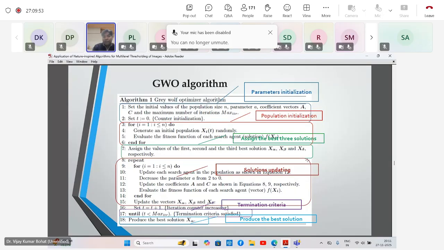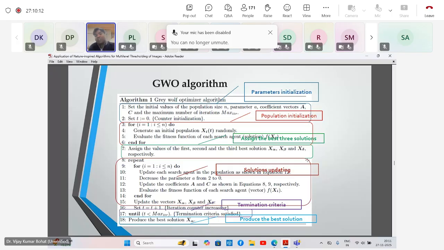How do we start? As I said at the start of this talk, GWO doesn't have too many tuning parameters. Initially we decide the population size, n. Parameter a is not a tuning parameter.